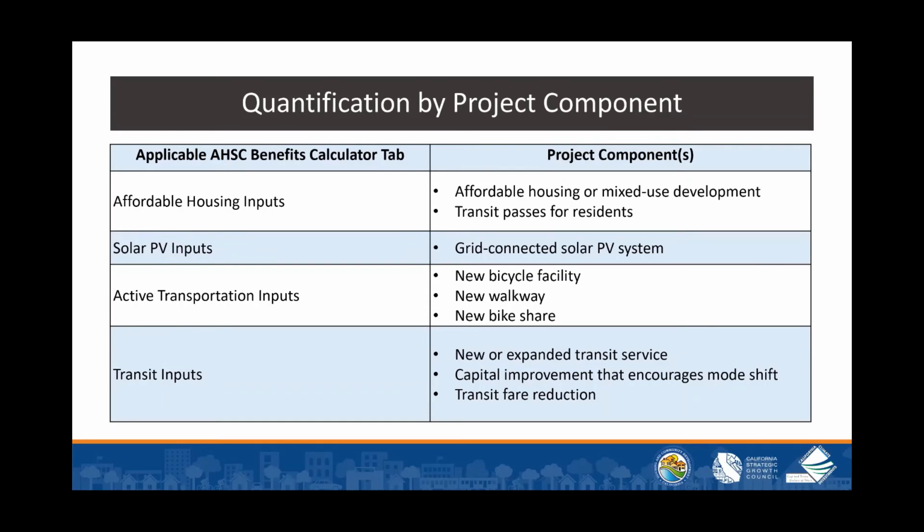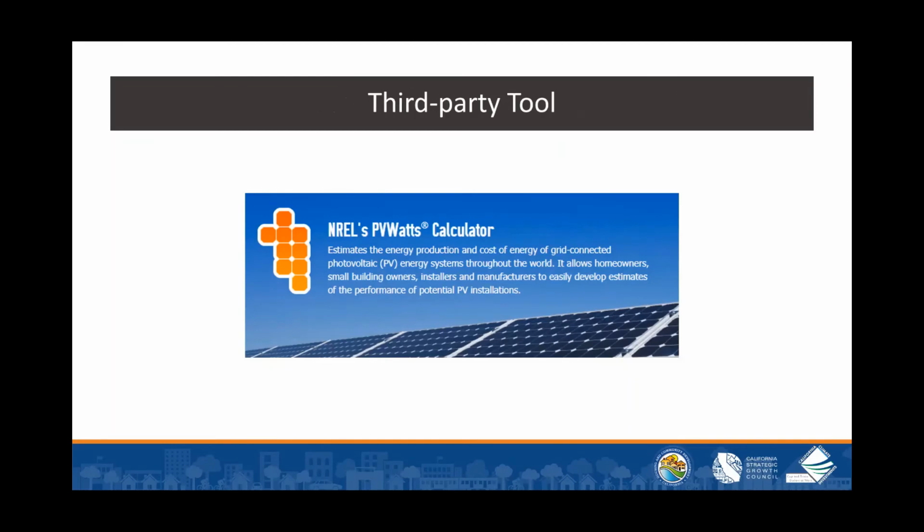Next, please. The PV Watts calculator is applicable to projects that have solar photovoltaic components. PV Watts takes information about a solar PV system and estimates annual energy generation. And applicants will then add that information on annual energy generation into the AHSC benefits calculator tool.